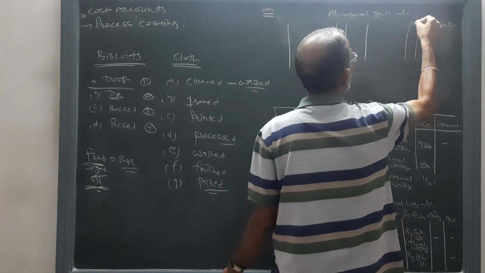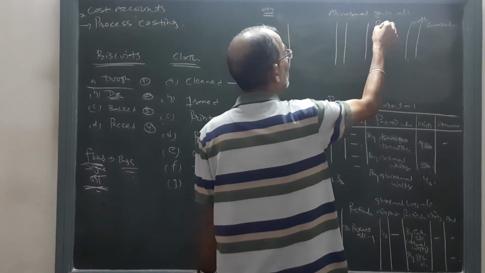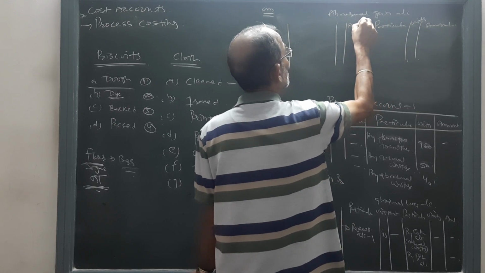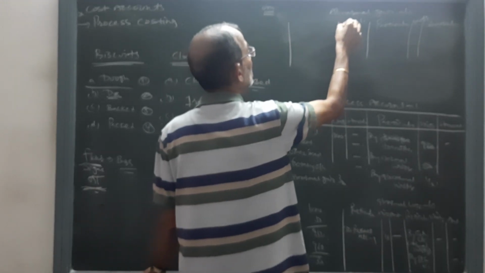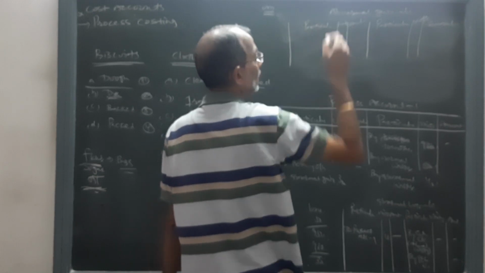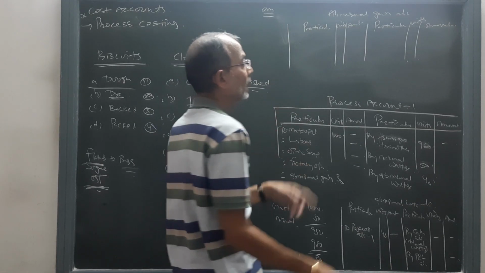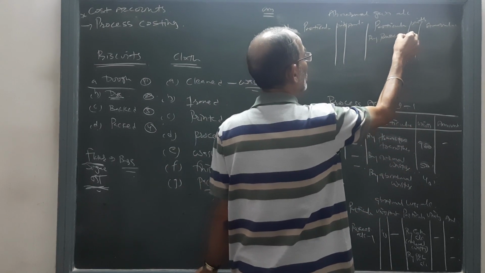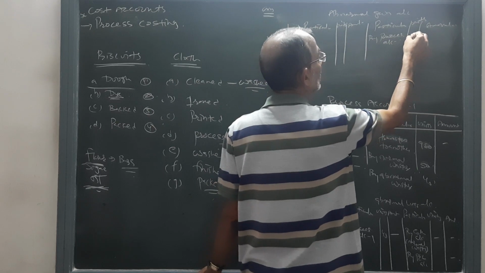Gain units will be written on the credit side by process account 1.